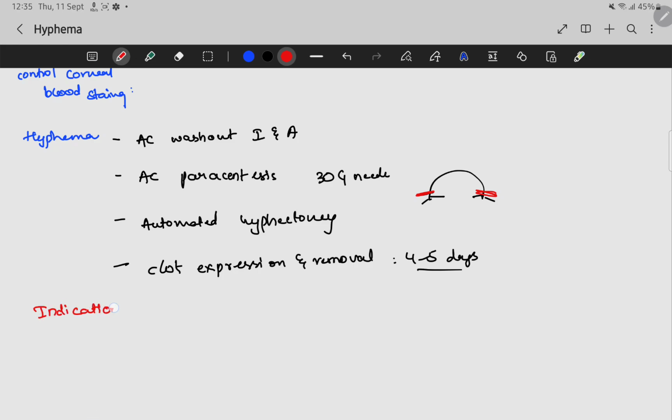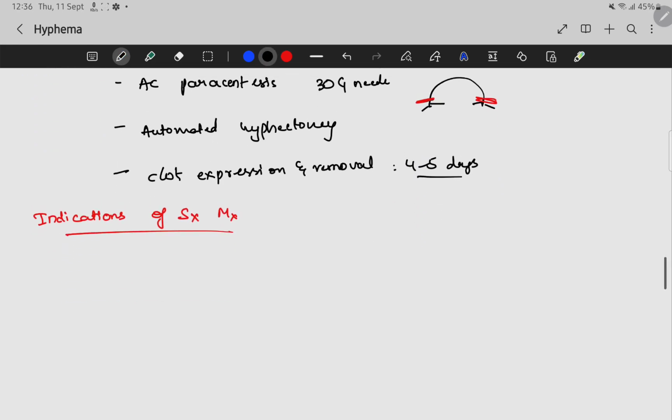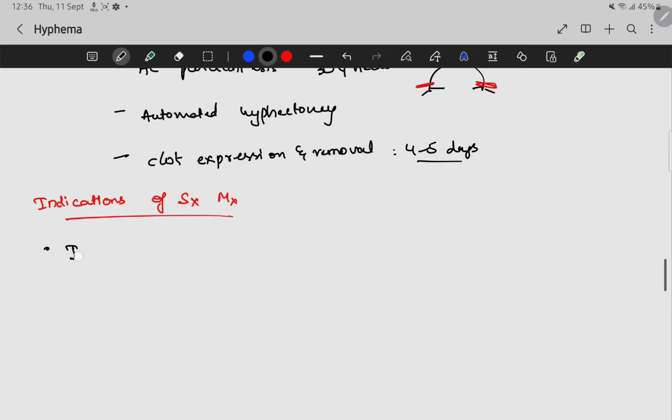So what are the indications of surgical management? We have the IOP criteria and the corneal blood staining criteria.